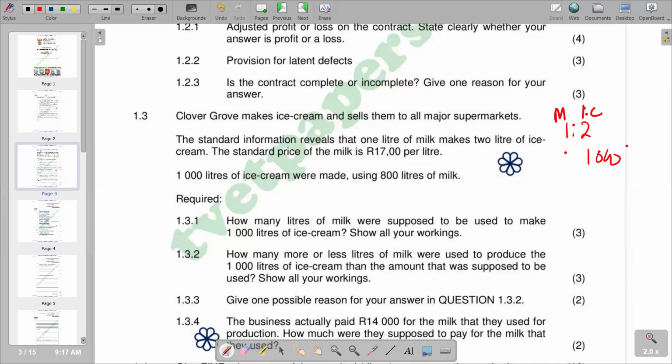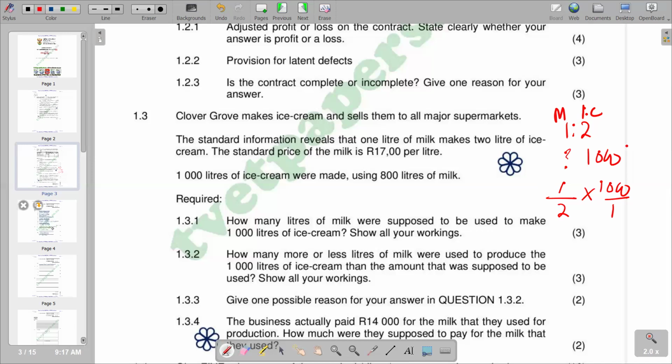What do we have in terms of milk? So this is just a simple proportion that we are going to apply. You're going to get your answer as 500 liters of milk. So basically, we are saying 1,000 divided by 2.